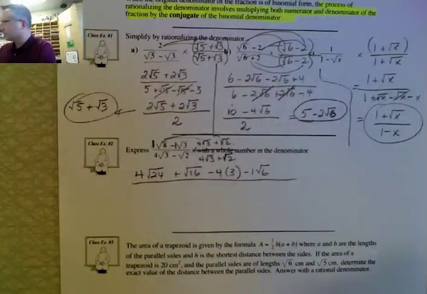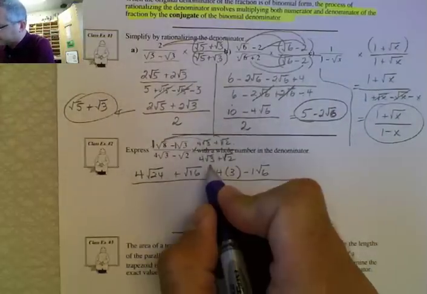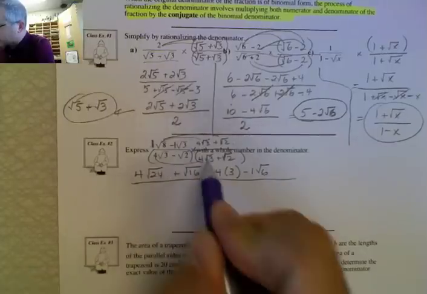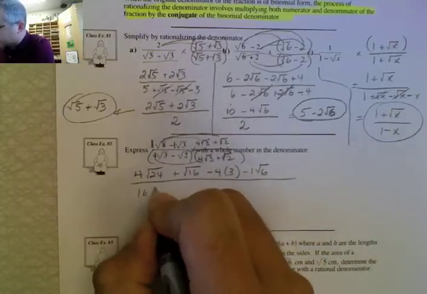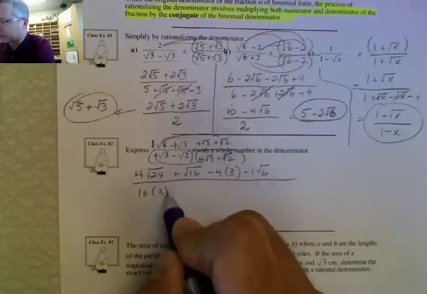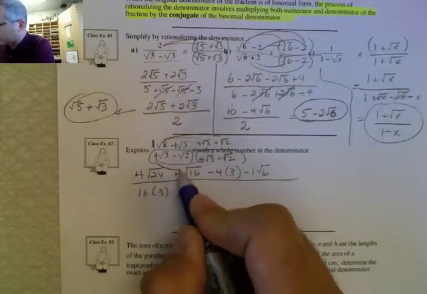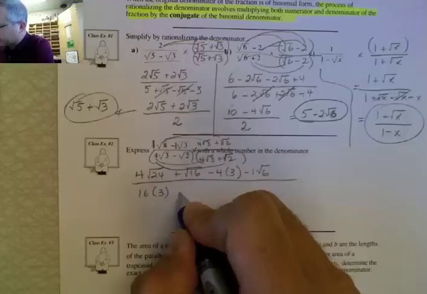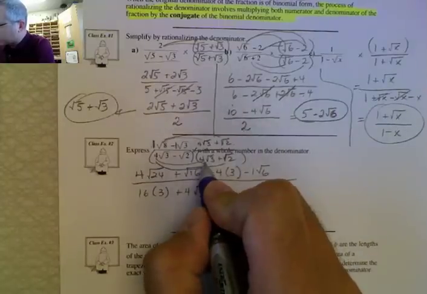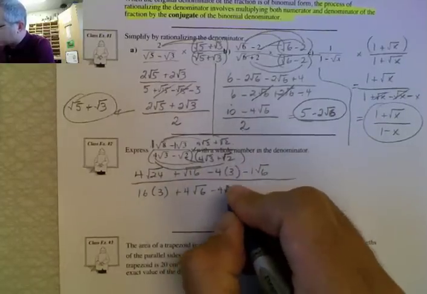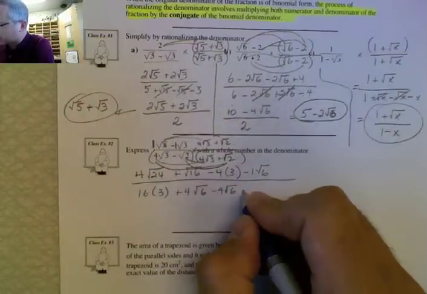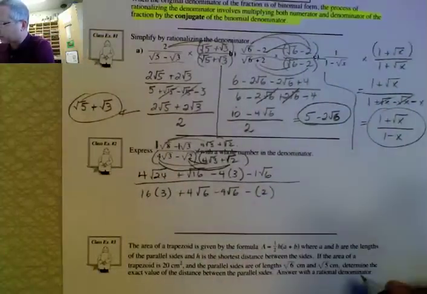So there's our numerator. In our denominator, we've got to expand this. So 4 root 3 times 4 root 3 is 16 times 3 because 4 times 4 is 16 and root 3 times root 3 is just 3. 4 root 3 times root 2 is going to give us 4 root 6. 4 root 3 times negative root 2 is going to give us negative 4 root 6, and negative root 2 times positive root 2 is just negative 2.